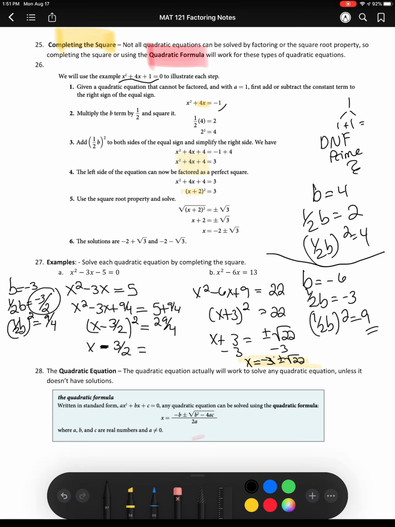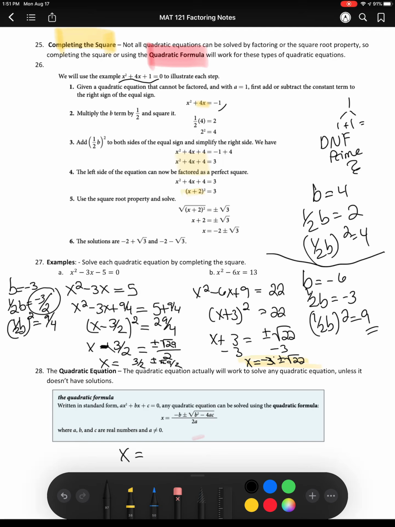So x minus 3 halves is equal to plus or minus the square root of 29 over 4. We know that the square root of 4 is just 2, so I can take that out and then add 3 halves over. So x is equal to 3 halves plus or minus the square root of 29 over 2. That looks terrible.